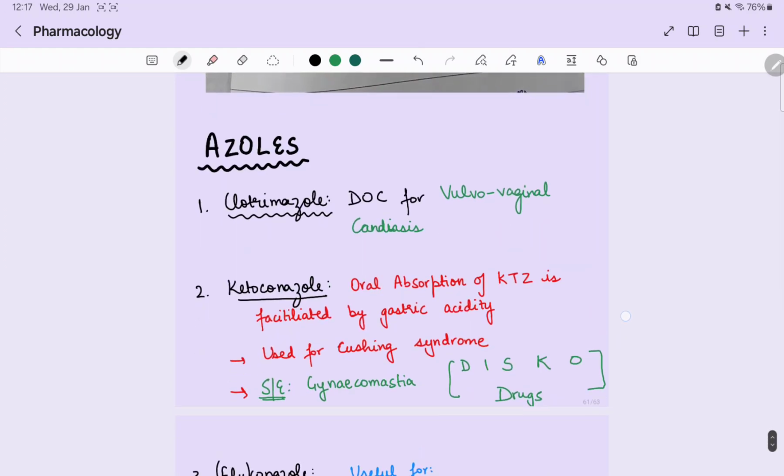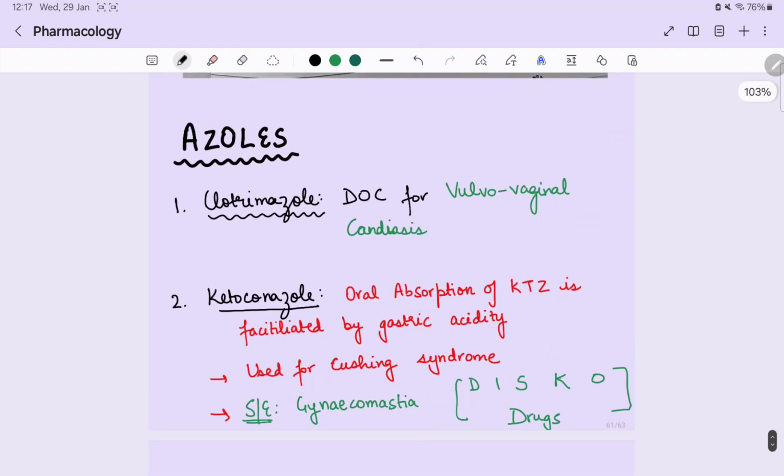Now first let's start with clotrimazole. Clotrimazole is a drug of choice for vulvovaginal candidiasis. Very important point. Ketoconazole. We have to learn that absorption of all the azoles is increased by gastric acidity. Oral absorption of ketoconazole is facilitated by gastric acidity.